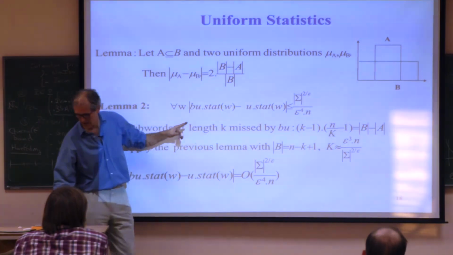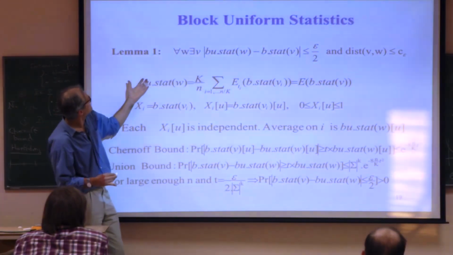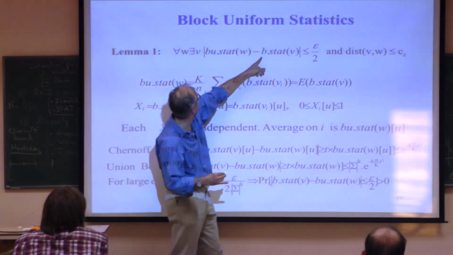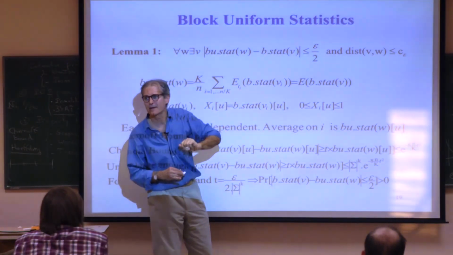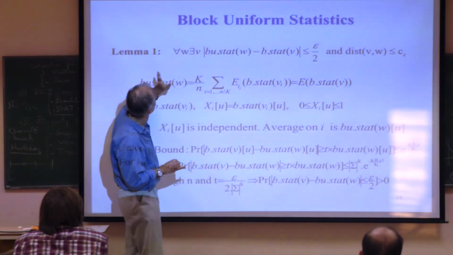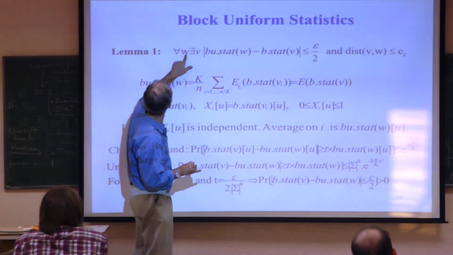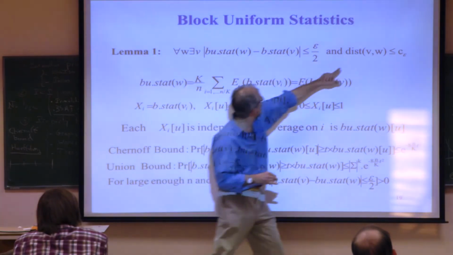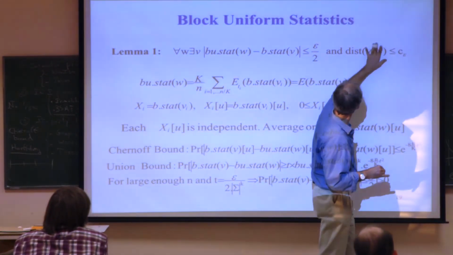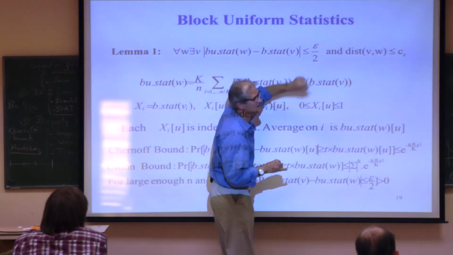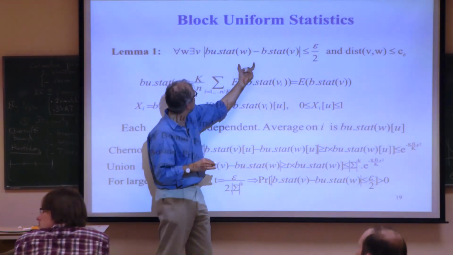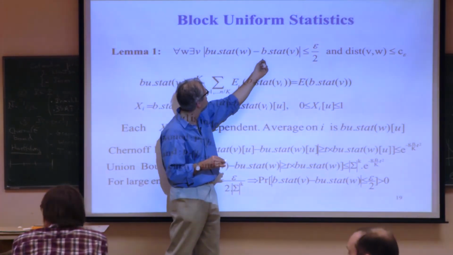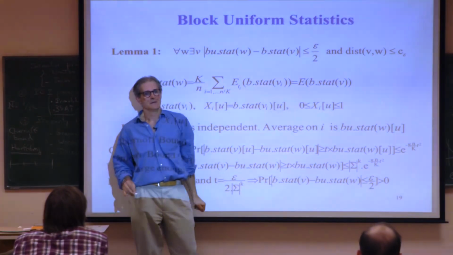So now I want a proposition saying the BU stat is very close to the B stat. And in which sense? Now it's different. It says for every W, there exists a V, which is close, such that the difference between the BU stat of W and the B stat of V is small.